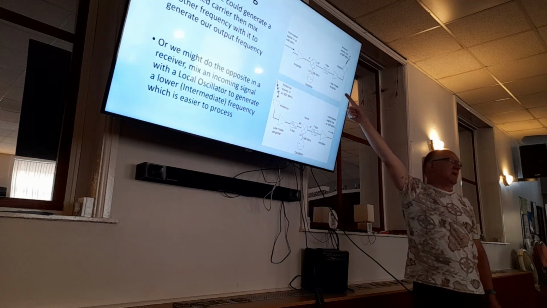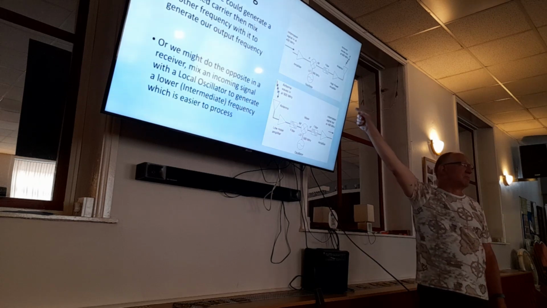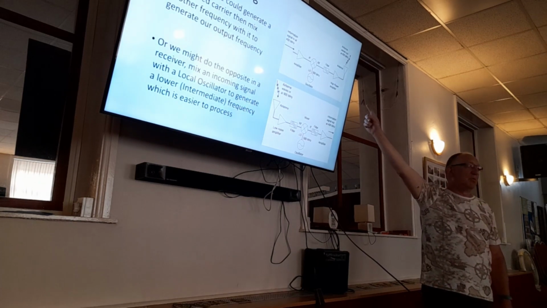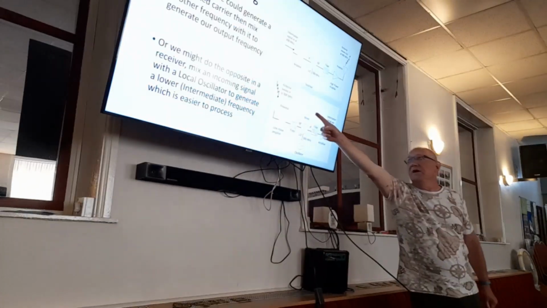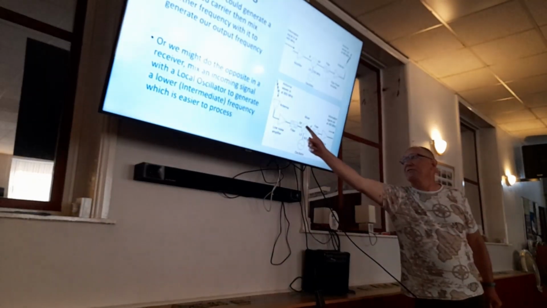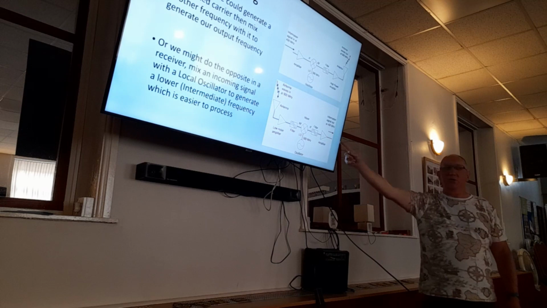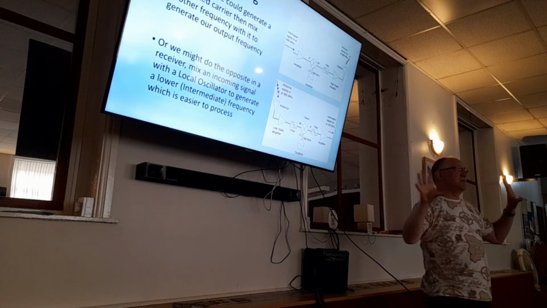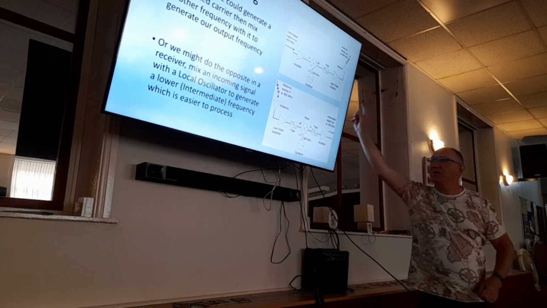Notice the filter there, because we don't want to be transmitting on 400 megahertz or any of the other products. We just want the output that we want. You could also reverse that for a receiver. 900 megahertz coming in, we mix that with a local oscillator at 500 megahertz, gives us 400 megahertz coming out, which can then go into an IF chain or a detector or whatever you're doing for it. But this is very, very common.